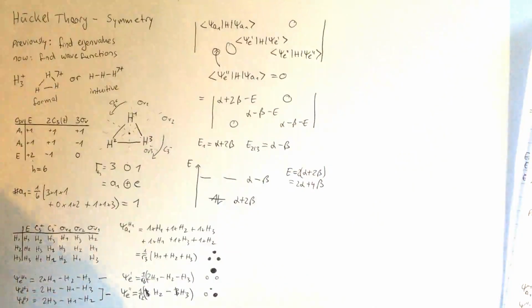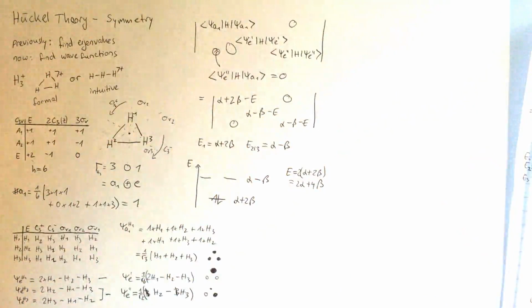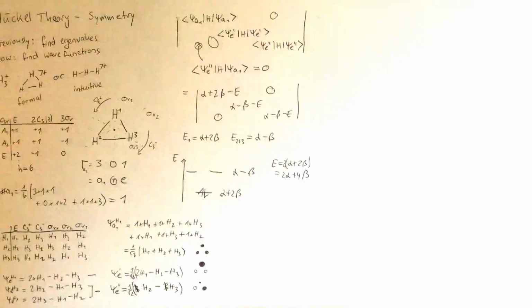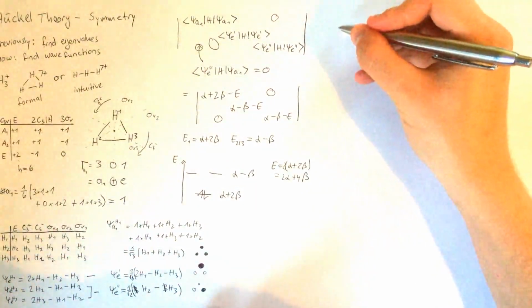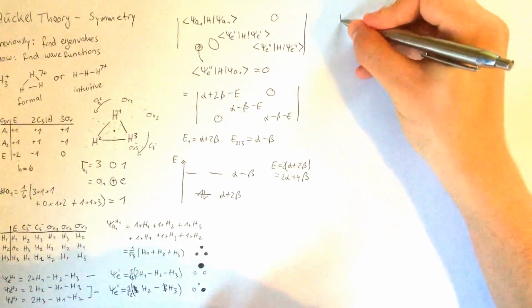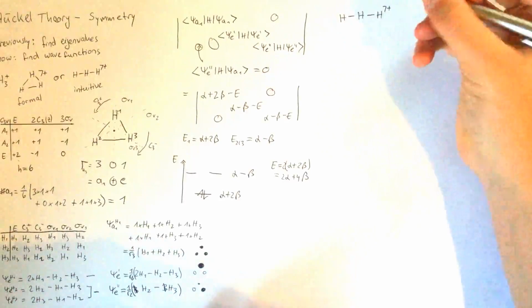Okay, so much for the formal way. Next, I'm going to show you the intuitive way, or the informal way, which builds on, well, intuition. And for the informal way, we're going to look at the linear version of the molecule.